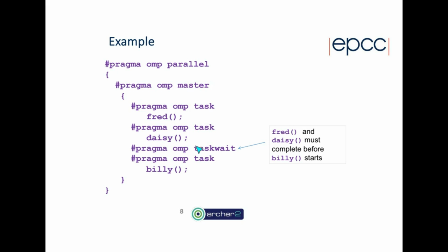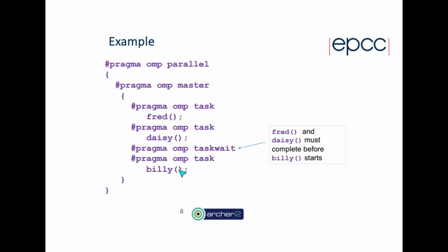So that means that the task that contains Billy cannot be generated before Fred and Daisy have completed. So that's one way of coping with dependencies between tasks.